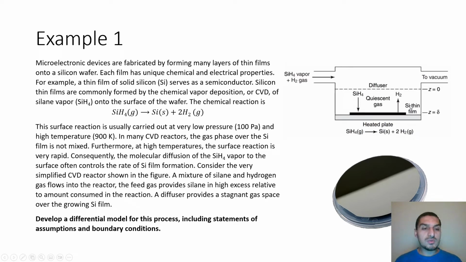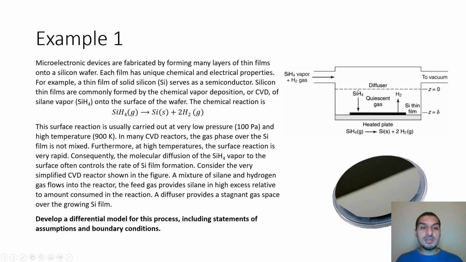And this is what we see here, that there is this chamber, which is the reactor. We have the silicon hydride vapor, or what we call the silane vapor, and the hydrogen gas, and they enter from the left-hand side and keep going until they come out from the other side. While they are going from left to right, some of the silicon hydride diffuses through this diffuser. This is the region of interest to us, the region where molecular diffusion takes place.